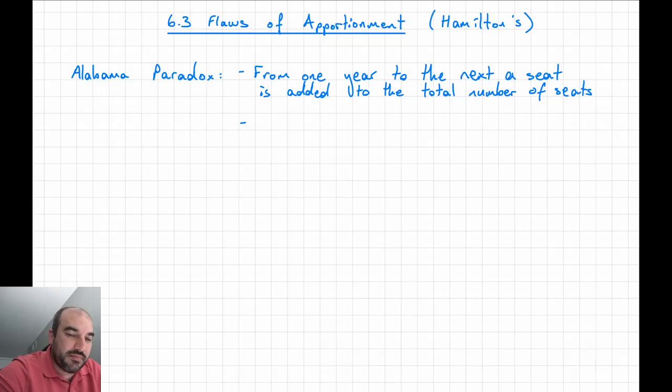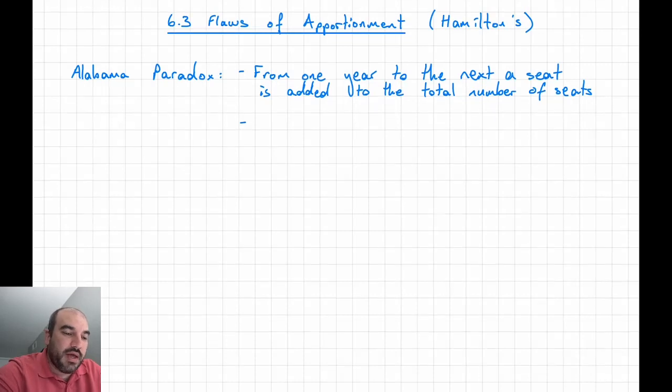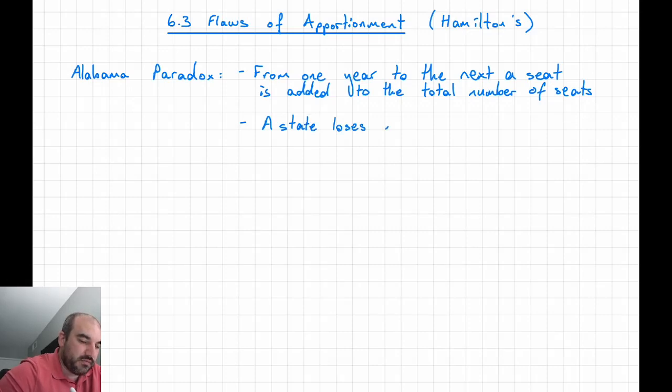But what happens sometimes, because of the way the calculations are done in Hamilton's with the rounding up and the rounding down, is that a state loses a seat. So not only does the new seat get added to one of the states, but one of the other states will lose a seat to one of the other states.